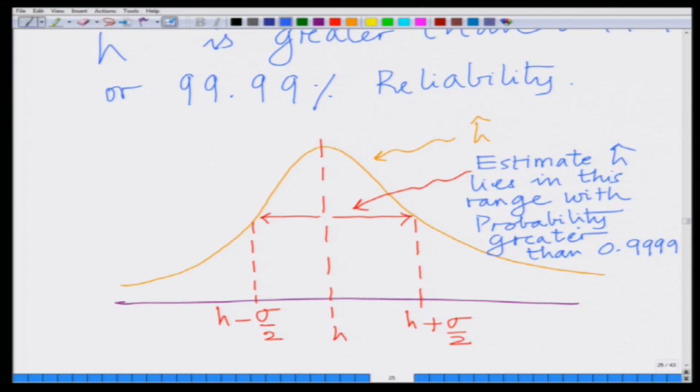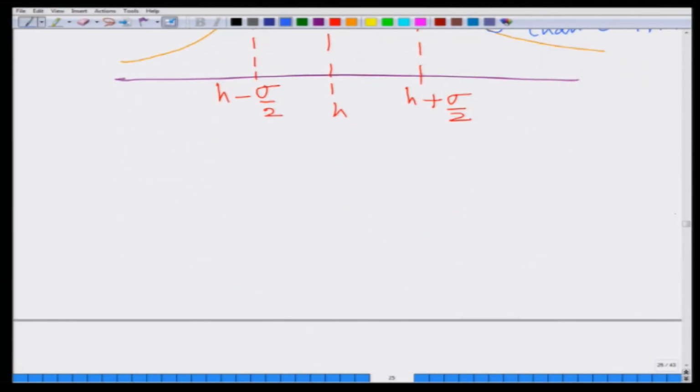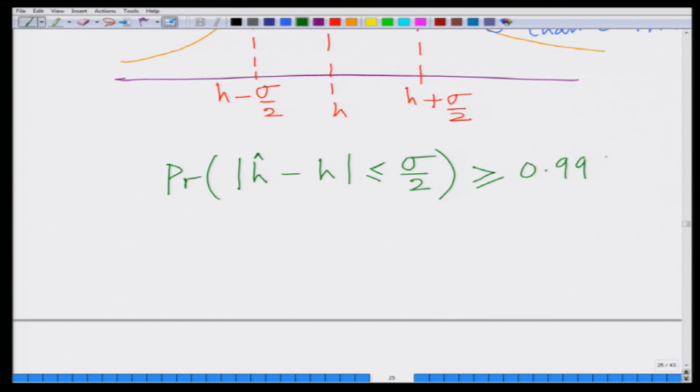And this can be found as follows. We are asking that the probability that the estimate minus the true parameter, H hat minus H, is less than or equal to the radius sigma by 2 should be greater than 0.9999.